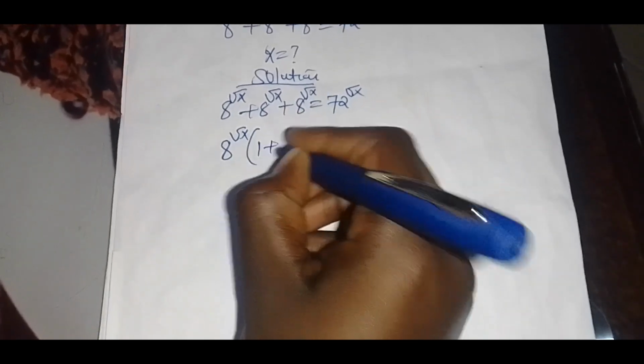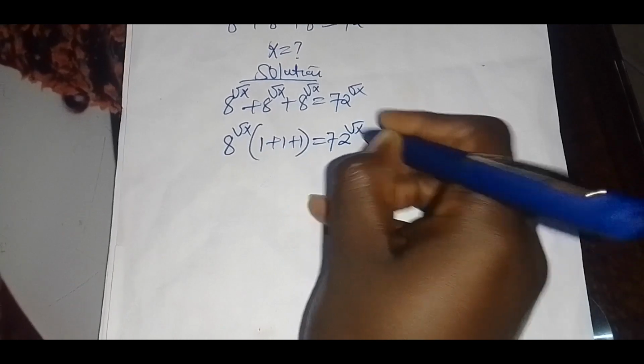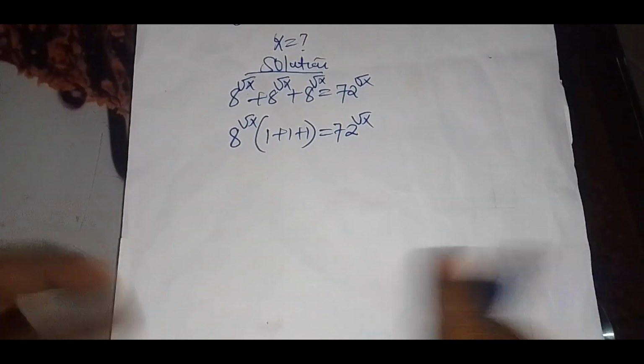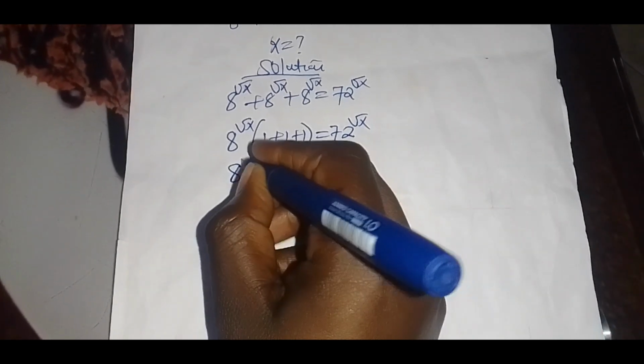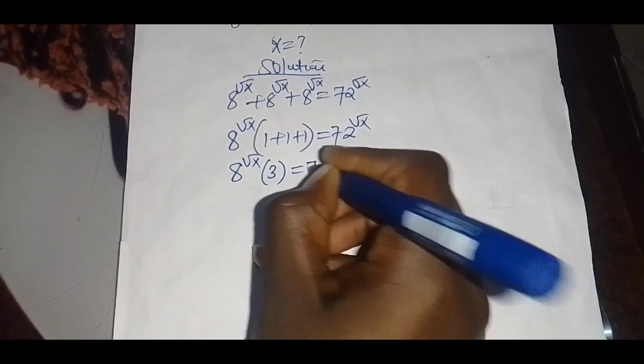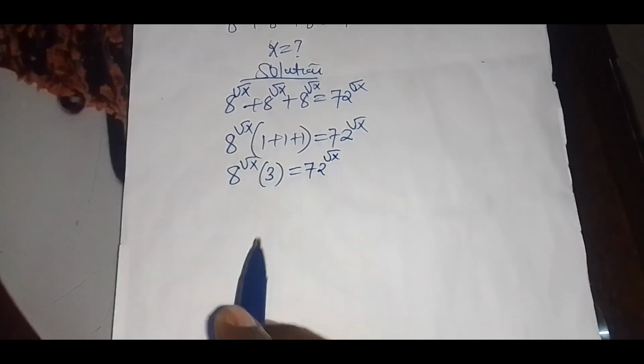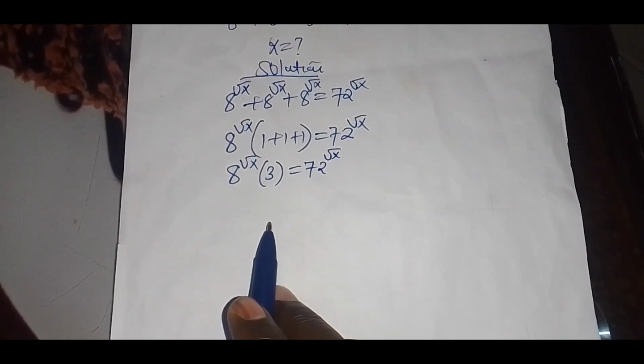This is the same as saying 1 plus 1 plus 1. So we'll have 8 raised to power root x multiplied by 3, equal to 72 raised to power root x.